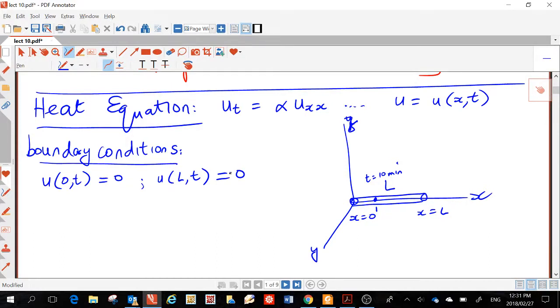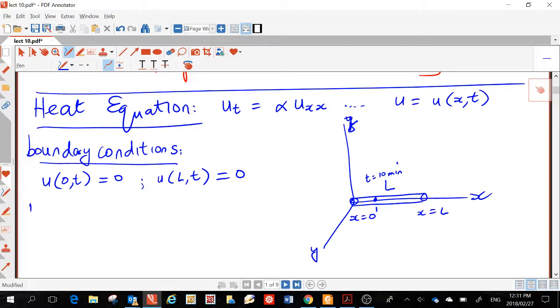So when x is 0 and x is L, temperature is 0. It's like immersing the rod in a bucket of ice on both sides. You keep the temperature at 0 degrees Celsius. The u is the temperature. So we are saying that at the two ends, the temperature is kept at 0 degrees Celsius.